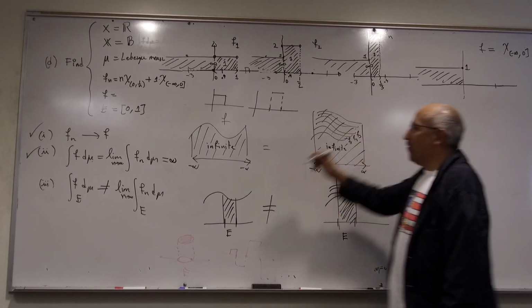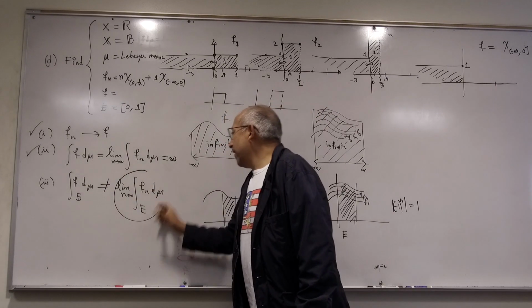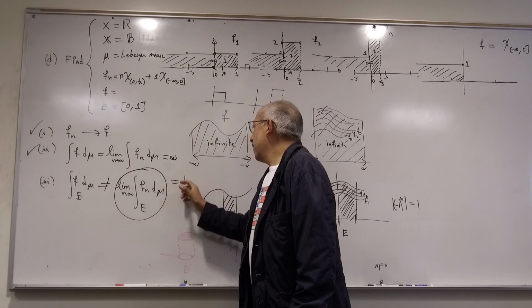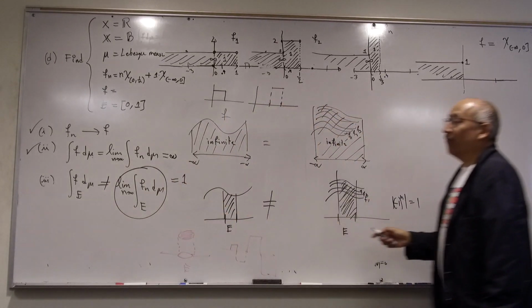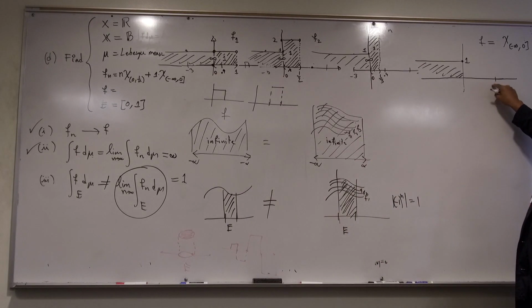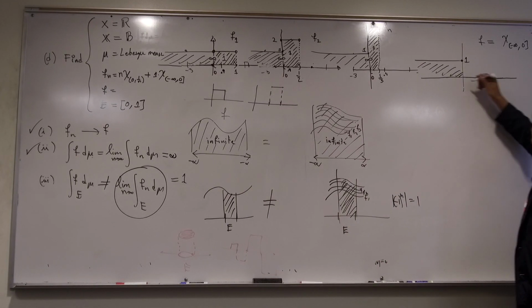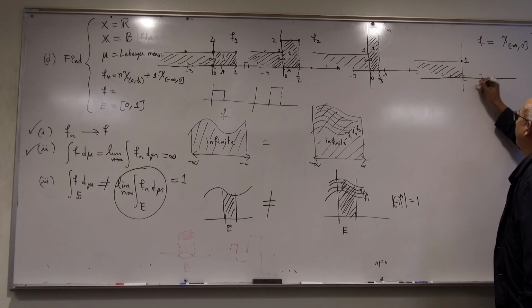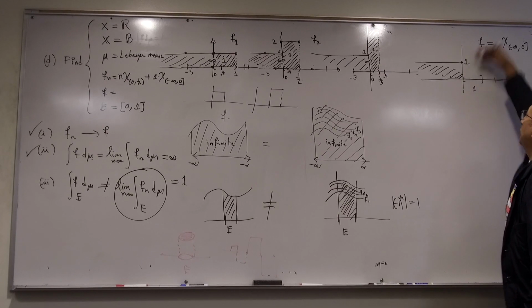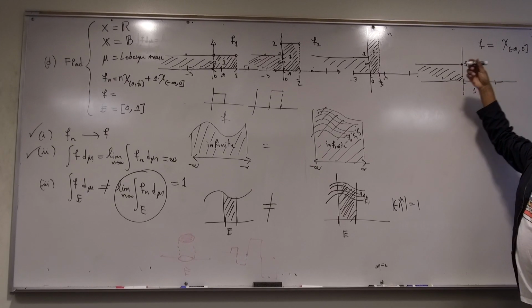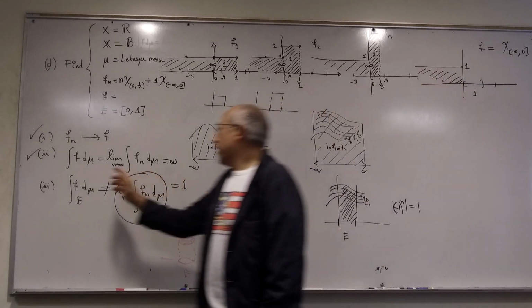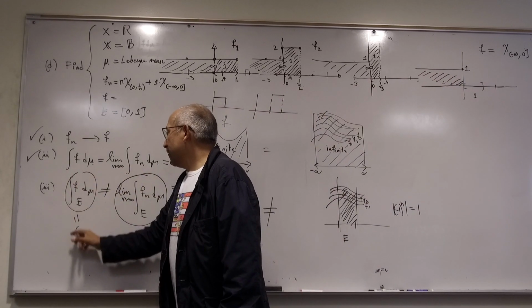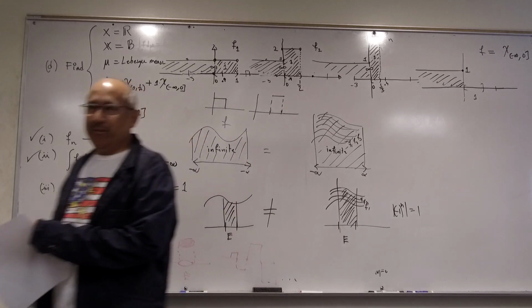So all these areas are equal to 1. Now what is the area of the original converging function just from 0 to 1? There is no function there, so this is going to be equal to 0. And 0 is not equal to 1. Does it make sense?